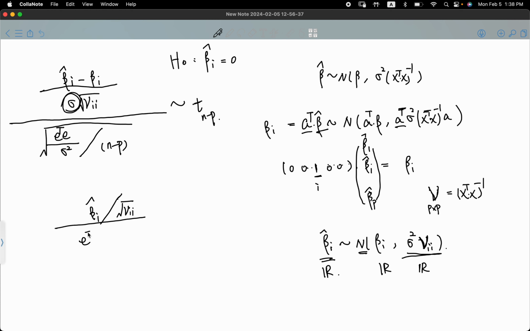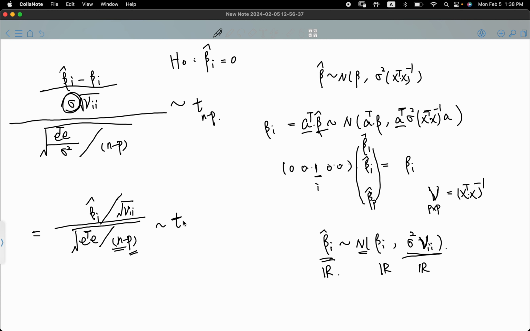And we have E transpose E, which can also be obtained from the difference of your true and your predicted value, over n minus p. This is the number of observations minus the number of parameters including the intercept. So everything here after simplification can be obtained from your data.